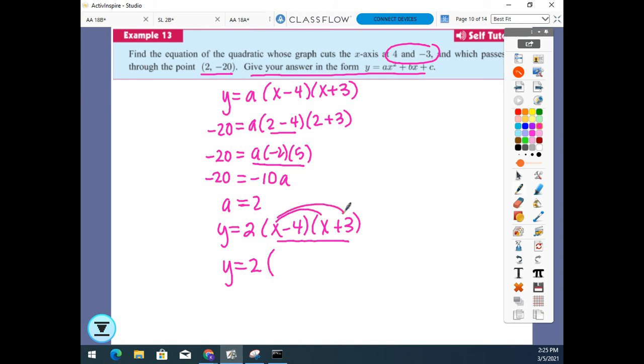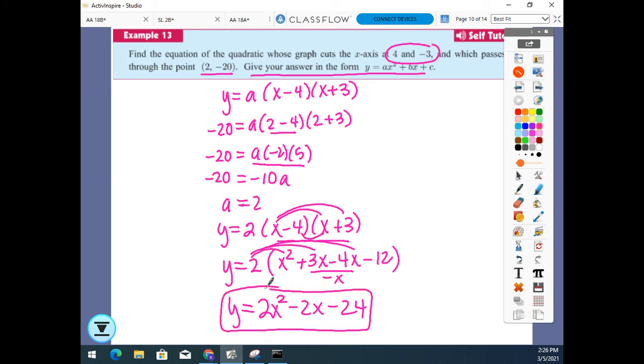So distribute x, distribute -4. I can combine my like terms. That's -x. And then I'm going to distribute my 2 to get 2x squared, and the 2 times my negative x, because I combined my like terms.